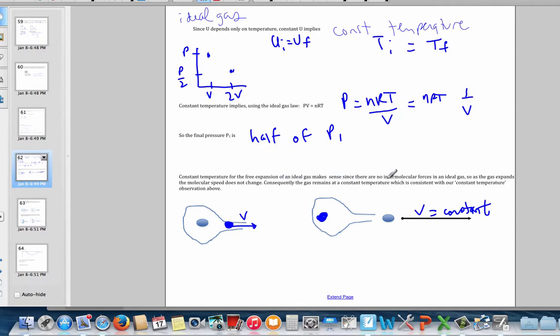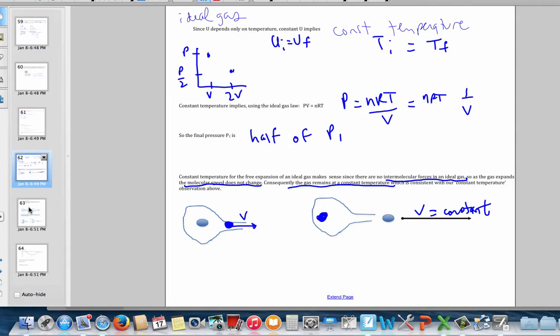Because there are no intermolecular forces between molecules in a gas, there's no change in kinetic energy, internal energy, or temperature as a result of this expansion. So the temperature here is the same as the temperature after the expansion. Everything here is true for an ideal gas.